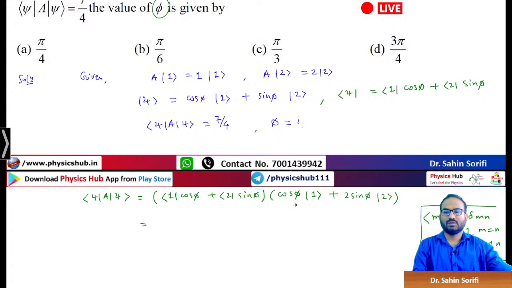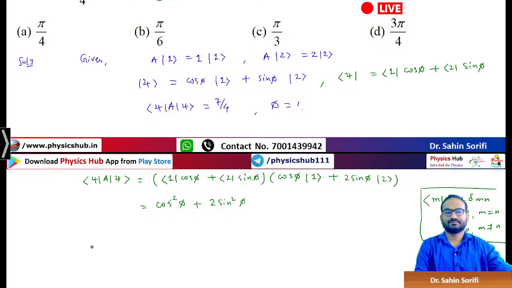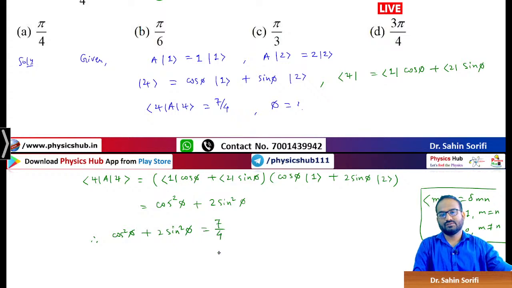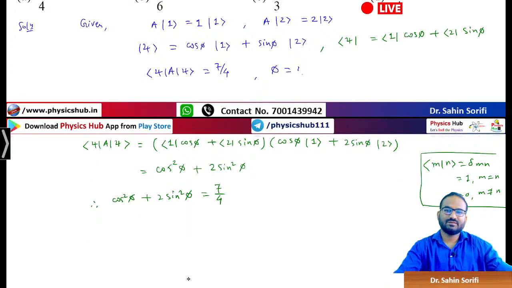So ⟨1|1⟩ is 1, so cos square phi plus here sin phi times 2 sin phi, so 2 sin square phi, and this is given to you to be 7/4. Cos square phi + 2 sin square phi is given to you as 7/4. So from this you need to find out the value of phi.